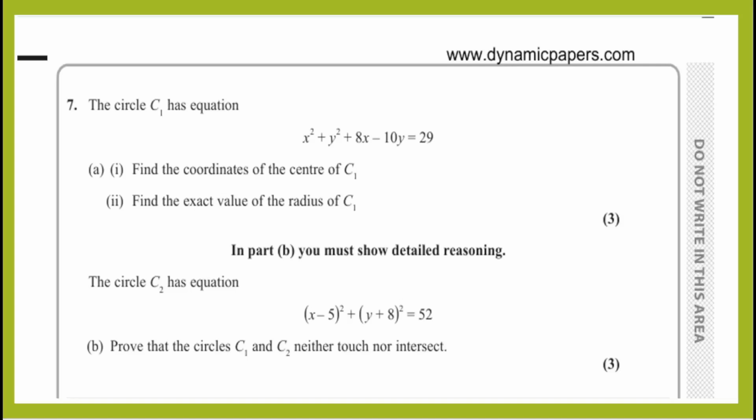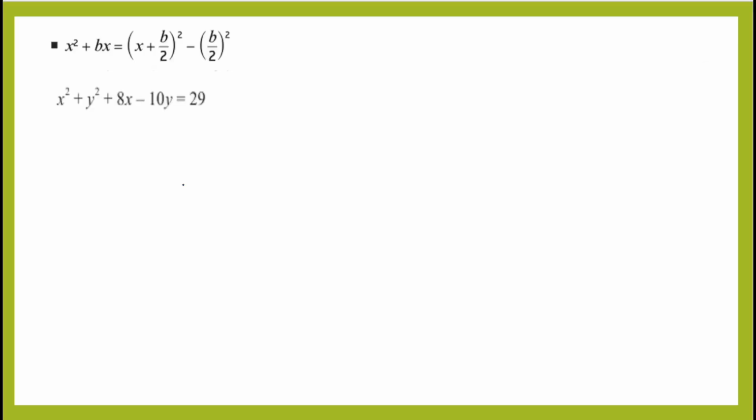The equation of circle C1 is given as x square plus y square plus 8x minus 10y equals 29. And we have to find the coordinates of center C1 and the exact value of radius. For this, first of all, try to convert the equation into standard form. Now rearrange the equation as x square plus 8x plus y square minus 10y equals 29.